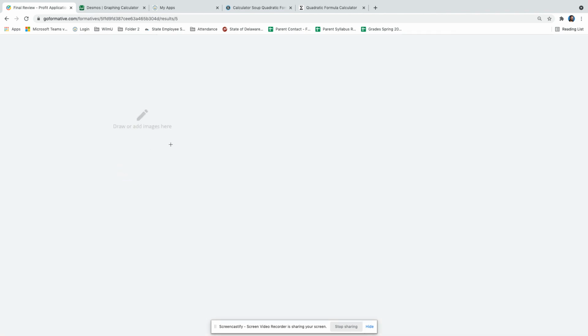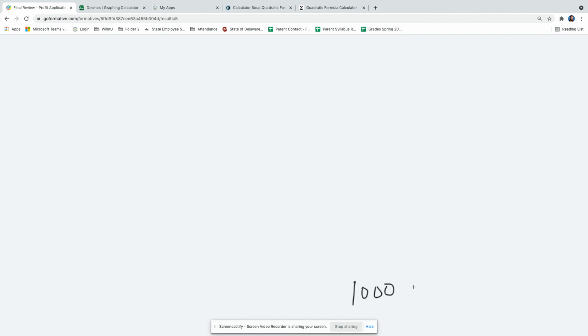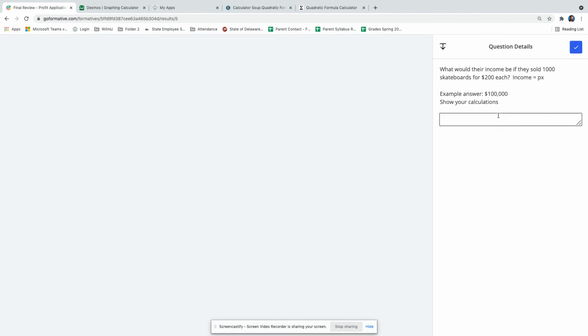So if they're selling 1,000 of them at $200 a piece, that is going to give us 1,000 times 200. It's going to be 200,000. So that would be how much money they actually take in, their revenue, if they had sold 1,000 skateboards. So we'll just go ahead and put in 200,000.